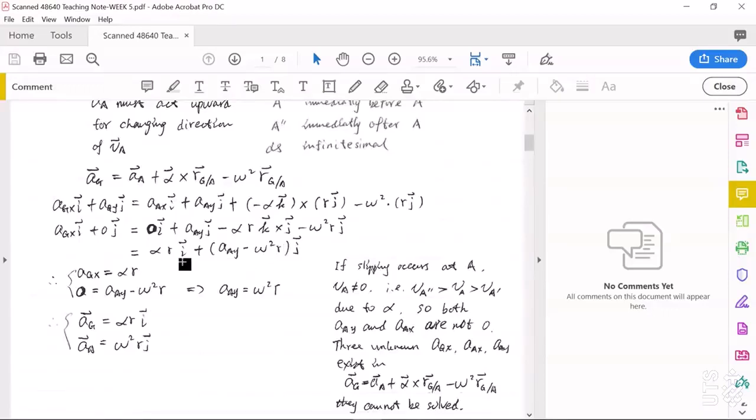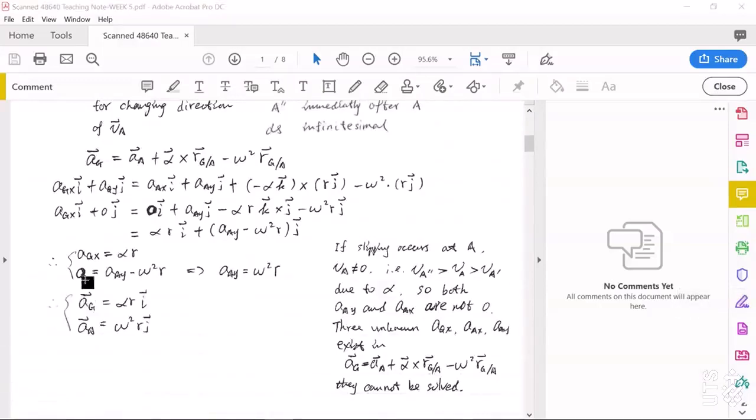Compare the left side and right side. We can get AGX should be equal to alpha R, and 0 should be equal to AAY minus omega square r. So that means AAY should be equal to omega square r. Because AGY is 0, if we know AGX, we actually already know AG.